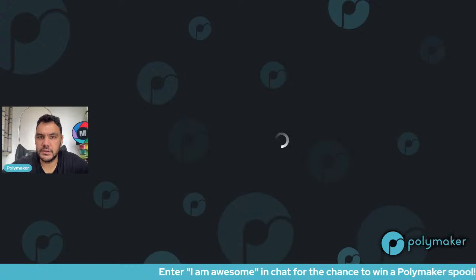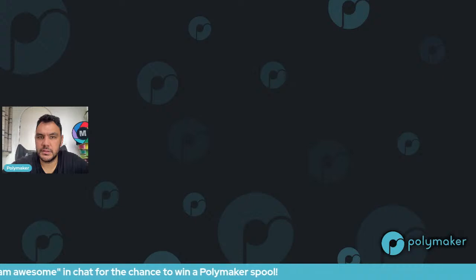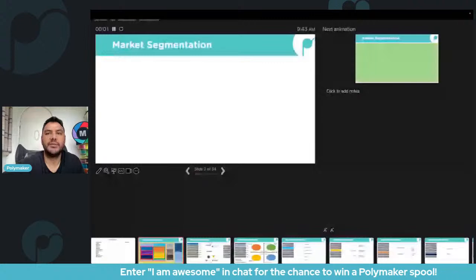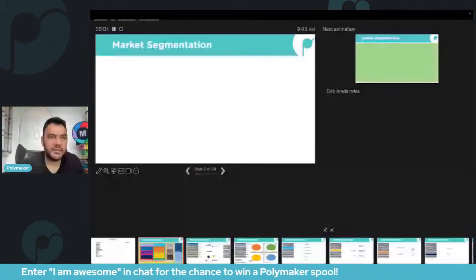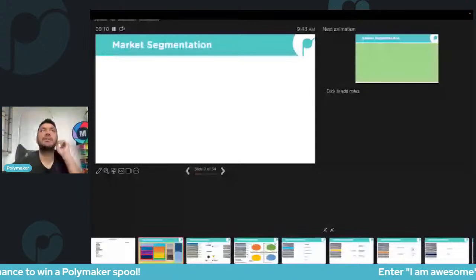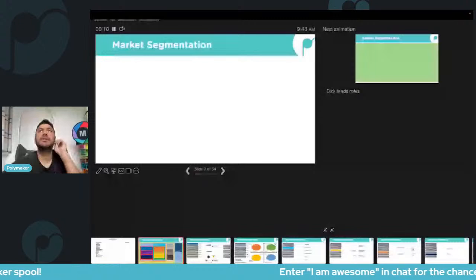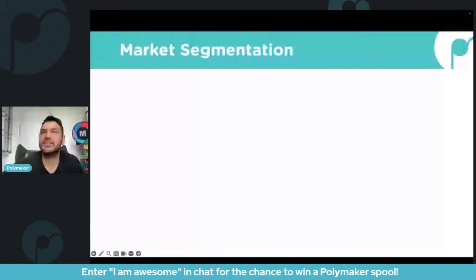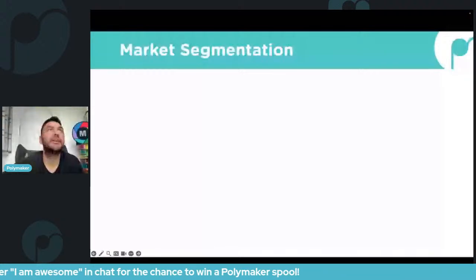Let me try to do something. Yeah, but then you are not seeing. Which screen are you seeing? Okay, now you should be able to see the right screen. You can see the right screen now, right? You should be able to see a blank.